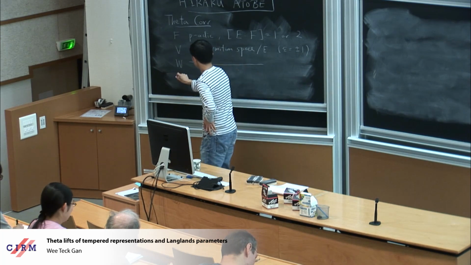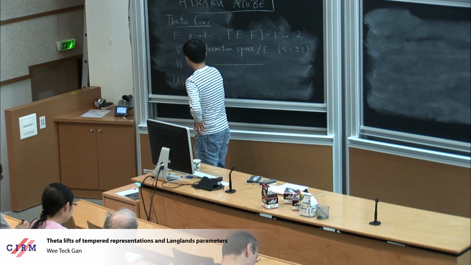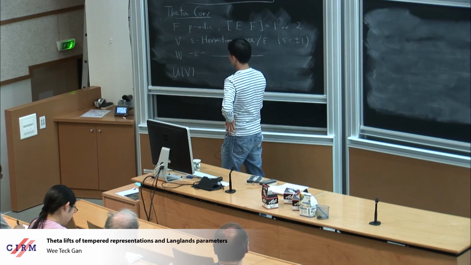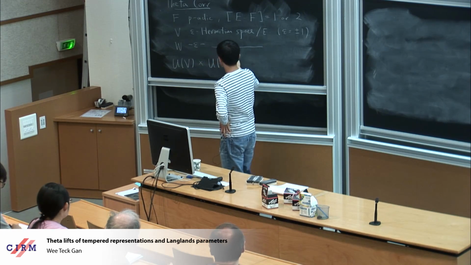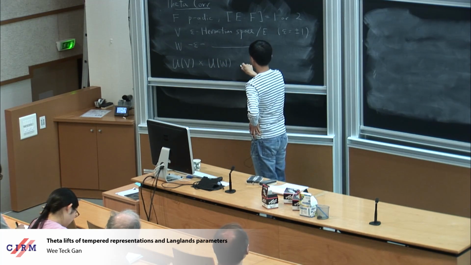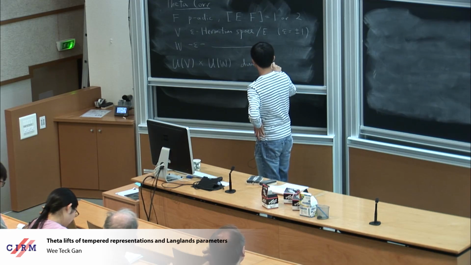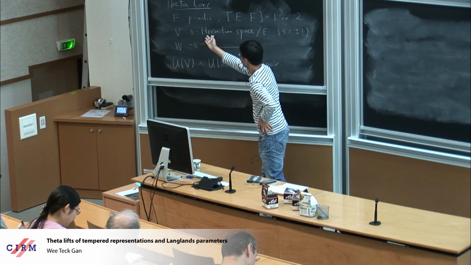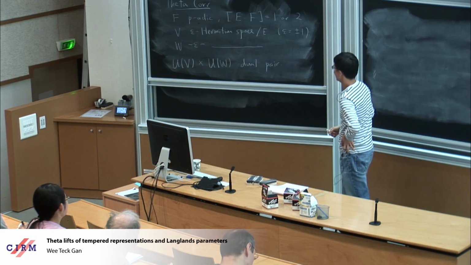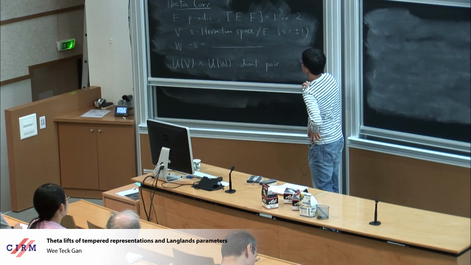So then I can consider the isometry groups for these two spaces, and this pair of groups is what is called a dual pair. So these are the unitary groups for the relevant Hermitian or skew-Hermitian space.